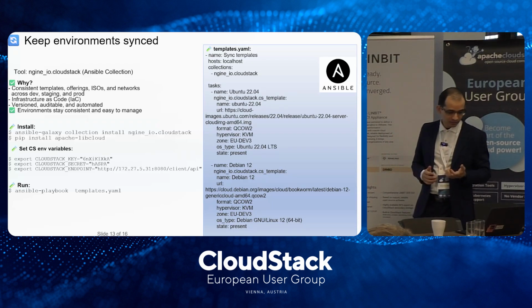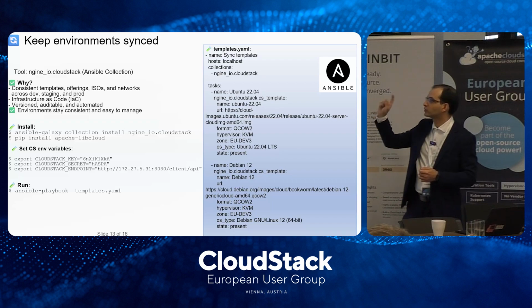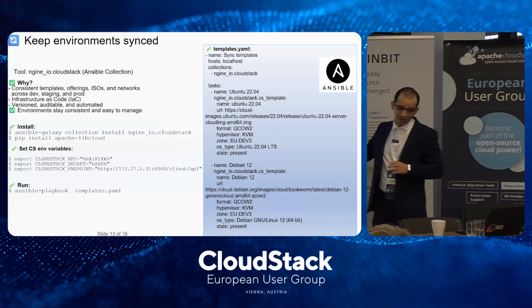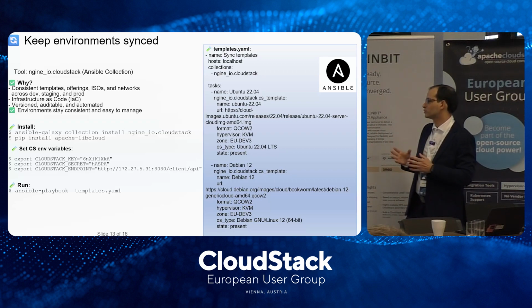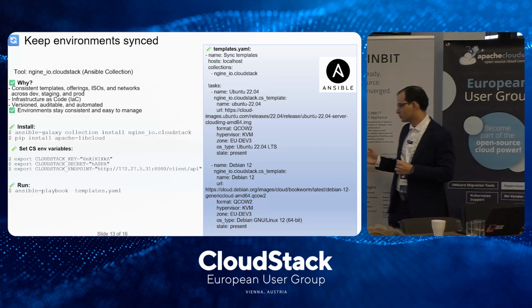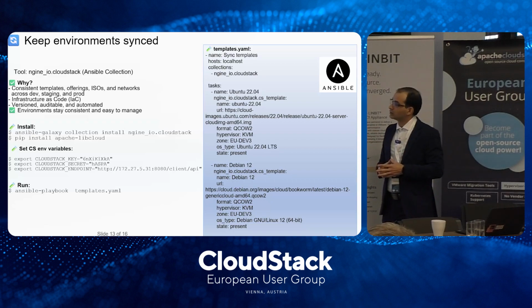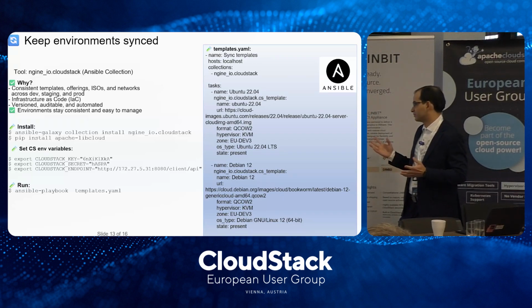If someone asks the DevOps team to create a new environment, it will be 15 minutes. And after that, we will run this playbook, and we will have the same offerings, the same ISOs, the same configuration that we are having in production or in the development environment. It's very easy to define. You only need to write YAML. They are really simple.